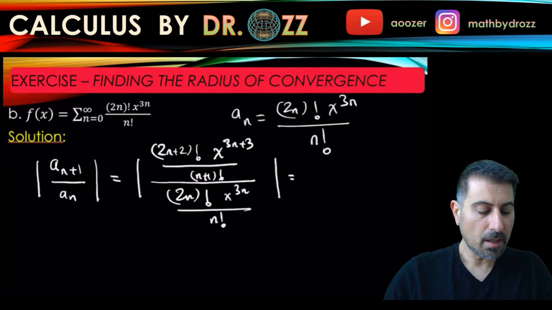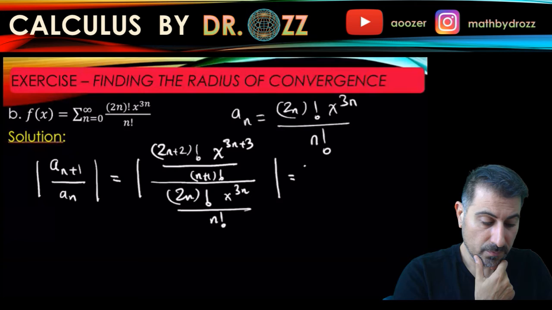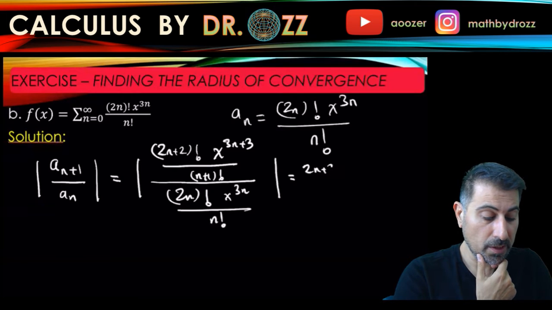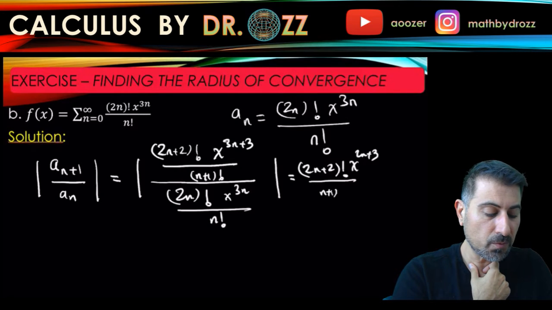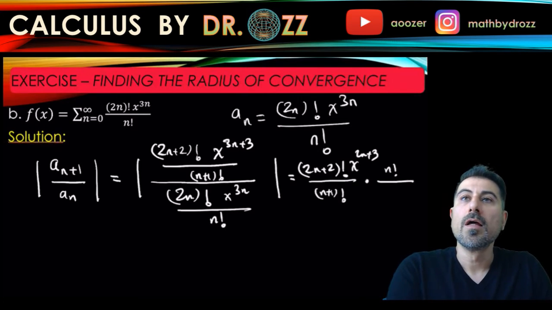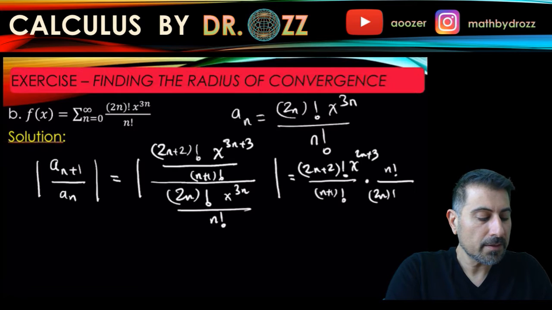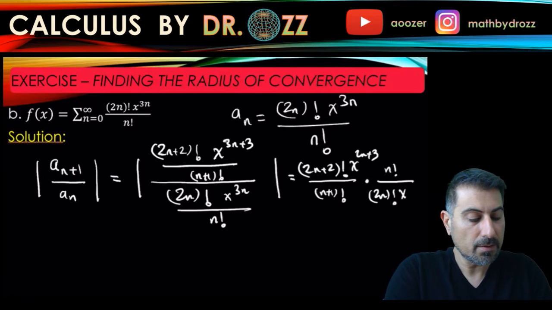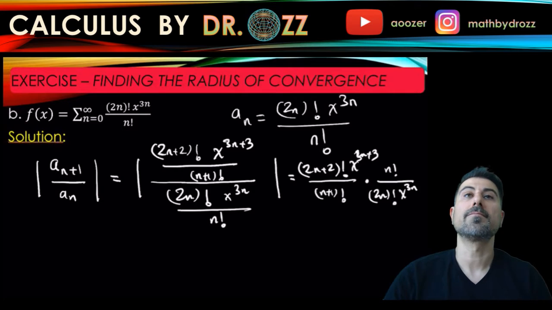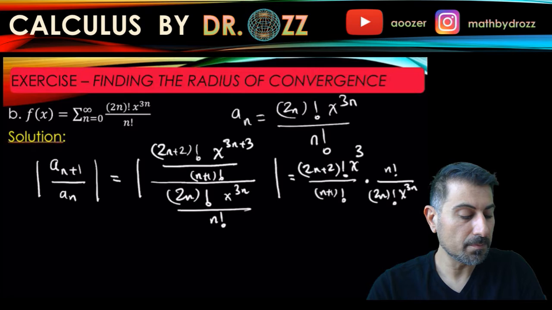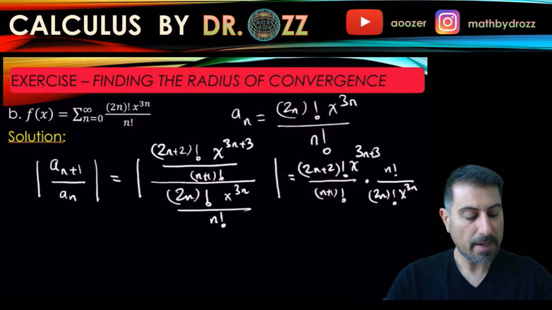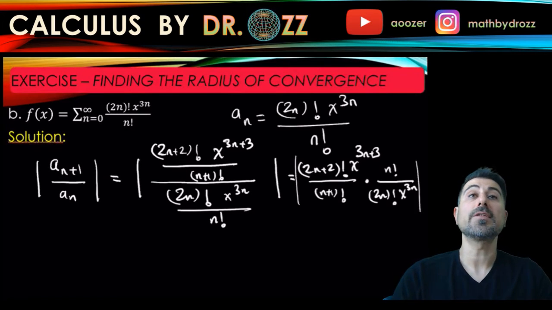Well, I'm going to flip the bottom over, right? (2n+2)! x^(3n+3) divided by (n+1)! times n!, divided by (2n)! x^(3n), this is 3n by the way. Okay, let me just clean that up. All right, and I should have the absolute value sign here.